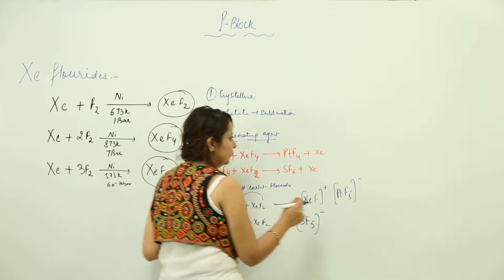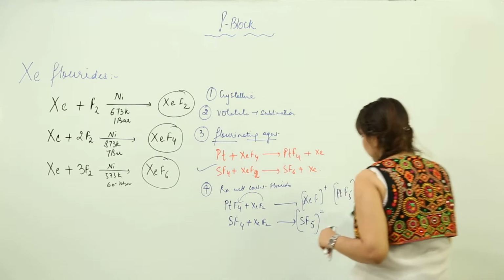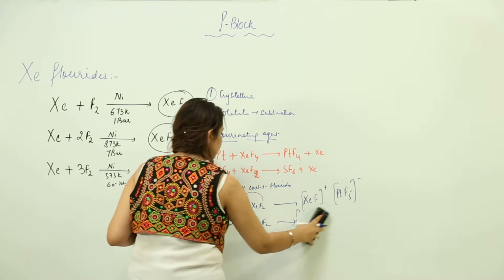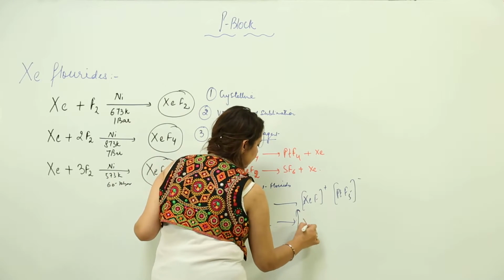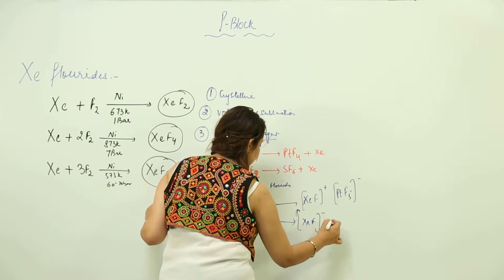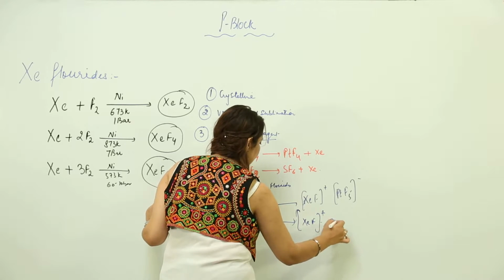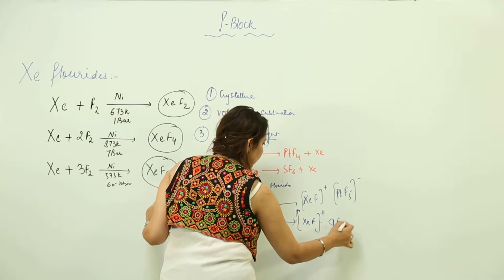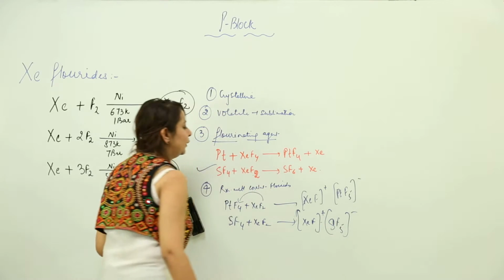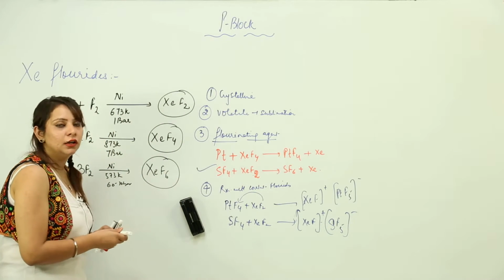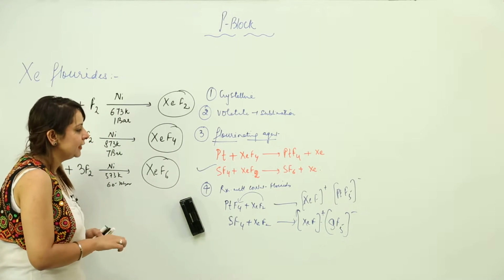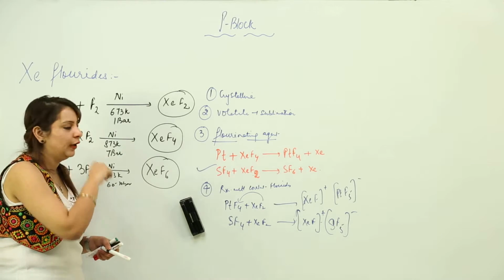First I will write the positive part, that is XeF positive, and SF5 negative. Again you can see that it is oxidizing, in a reaction with covalent fluorides.